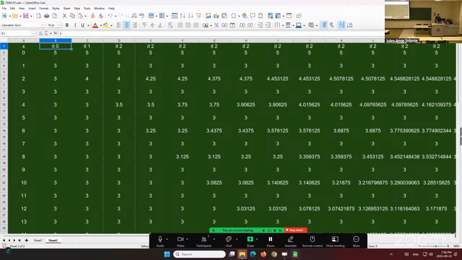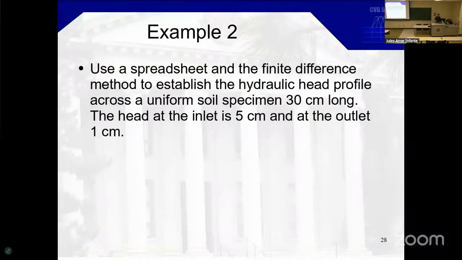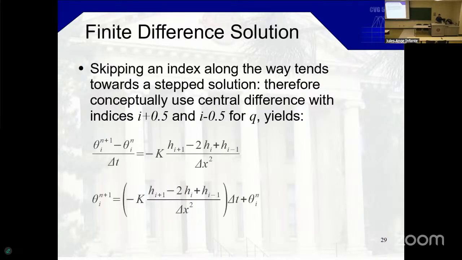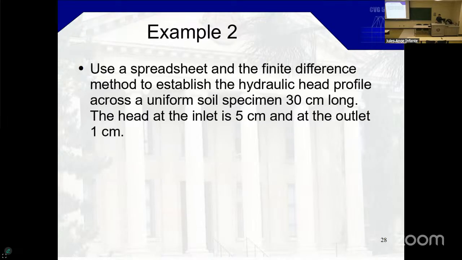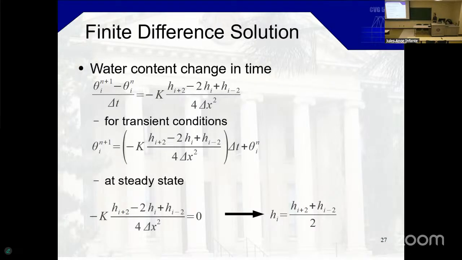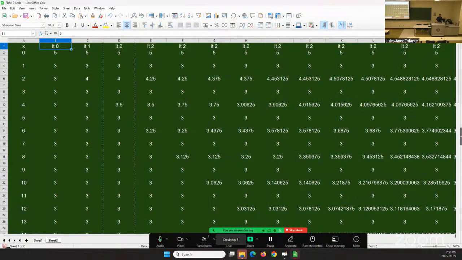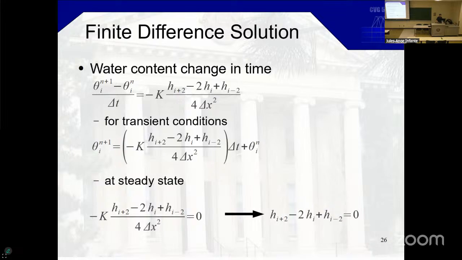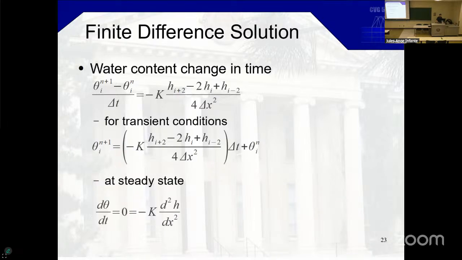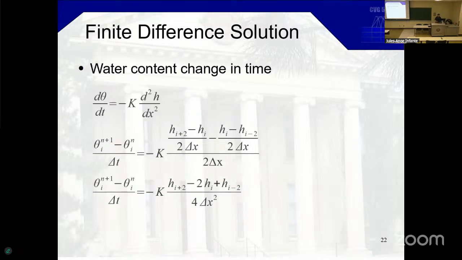But how could I express the same thing? I have some slides missing to explain that. So how could I express the same thing that I have here with a central difference, but in a correct way? Well, this is how we express the central difference, right?